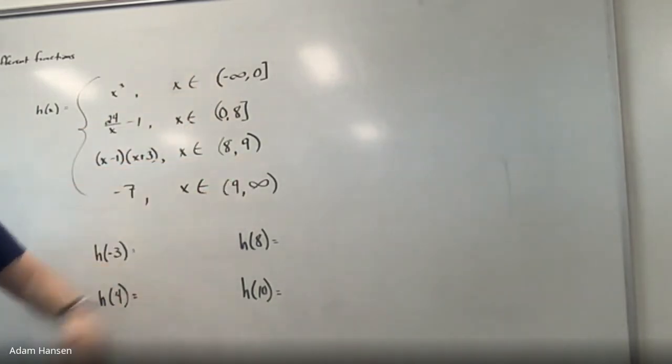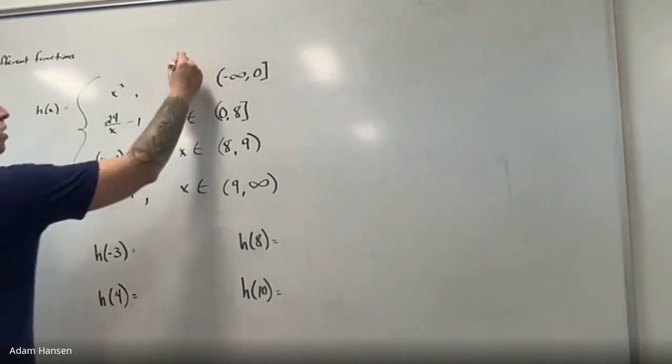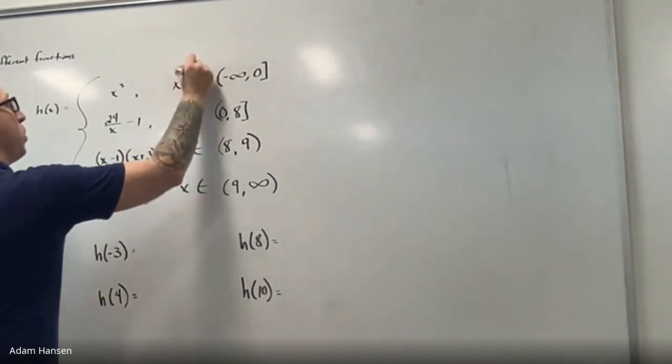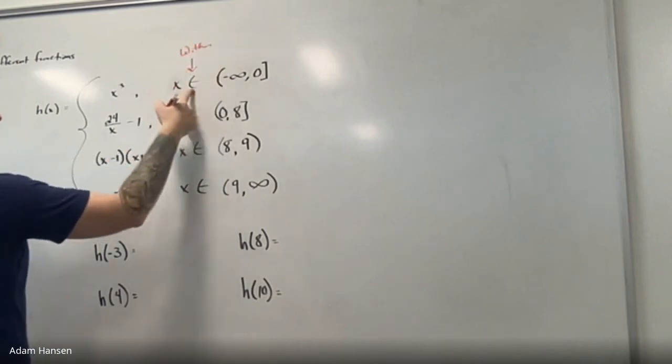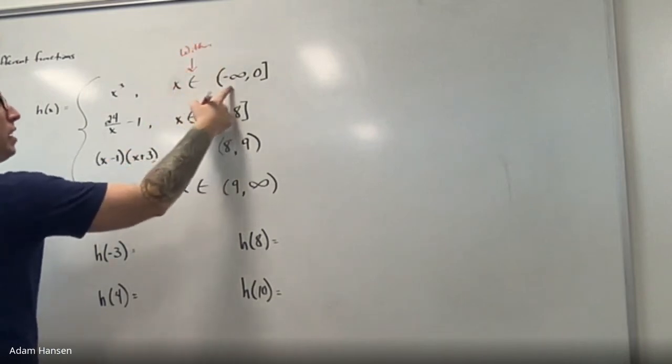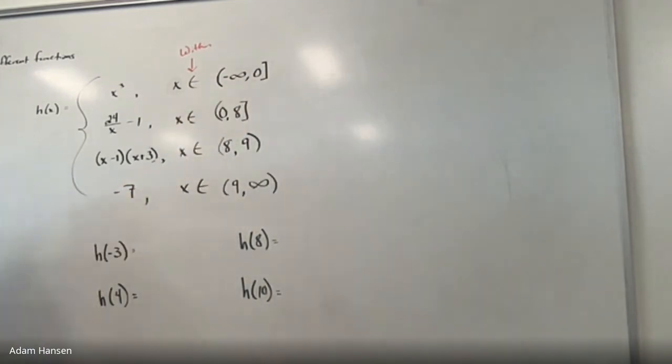It means roughly the same thing. This symbol means between or within. X is within negative infinity to 0. This is an interval. Negative infinity is as small a number as you could possibly imagine, all the way to the far left on a number line.